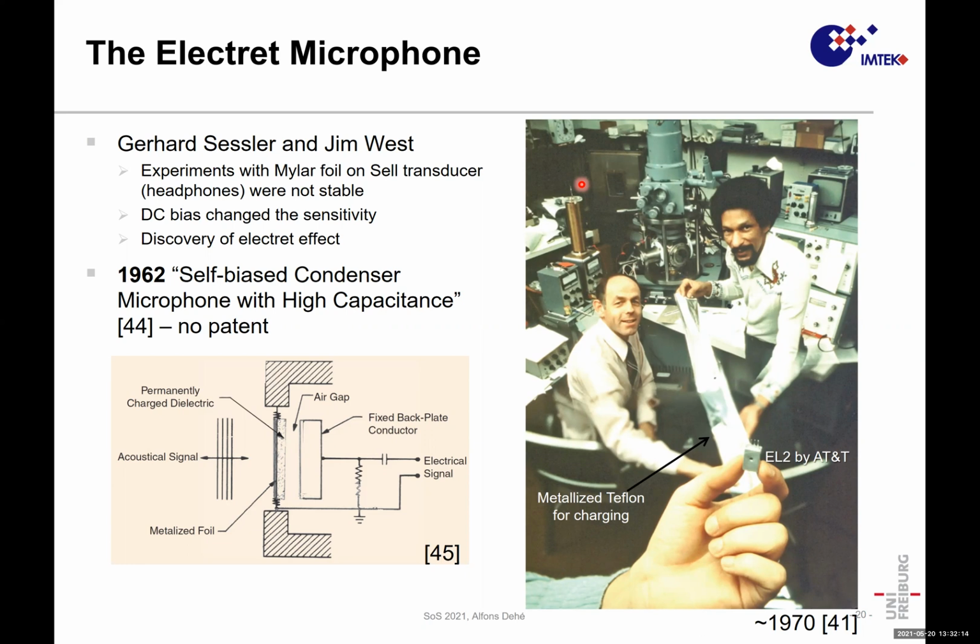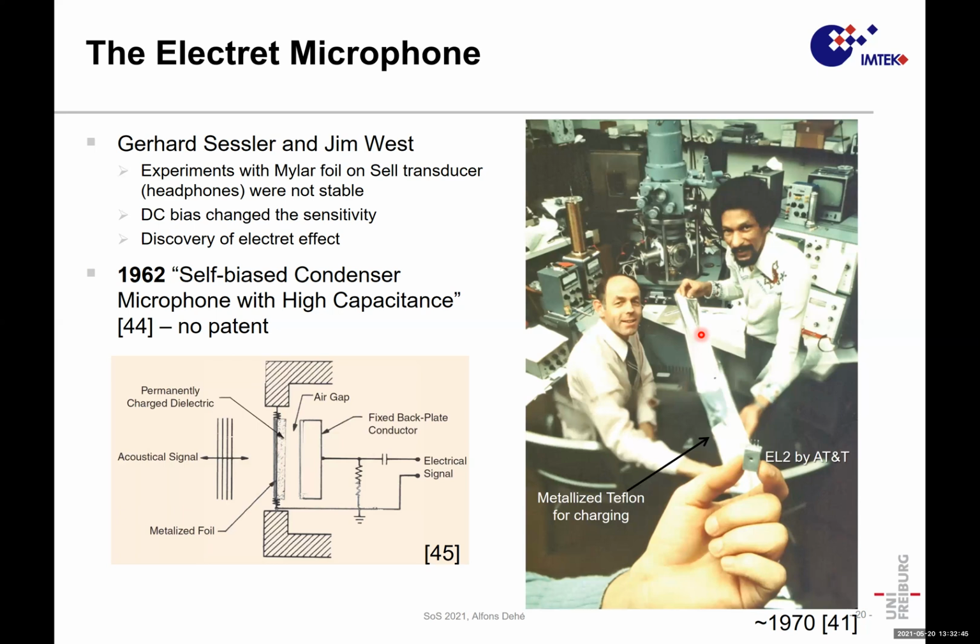For this reason, they used an electrostatic transducer. So with high voltages, they move a tiny foil. The foil is metallized and has basically the electrostatic transduction principle. And to drive such a system, you need high voltage, let's say some 100 volts, to move the foil in your headphones.